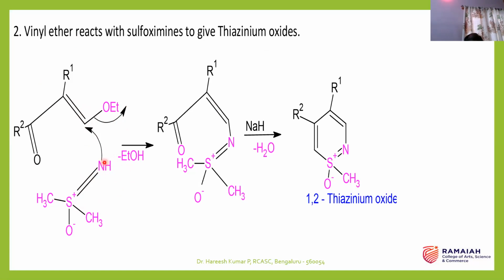The lone pair attacks this carbon, this will go out, forming an intermediate like this. When this is treated with base, sodium hydride, there is removal of water. It is a condensation reaction, and the product formed is thiazonium oxide. These are the two methods of preparation of 1,2 thiazines.